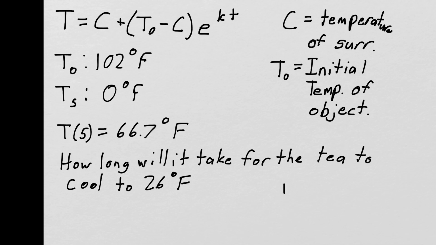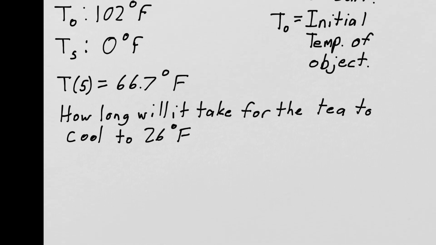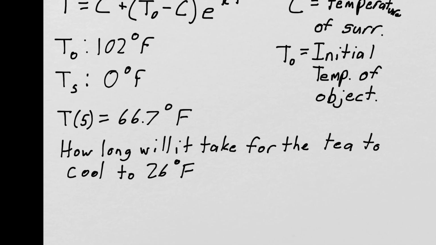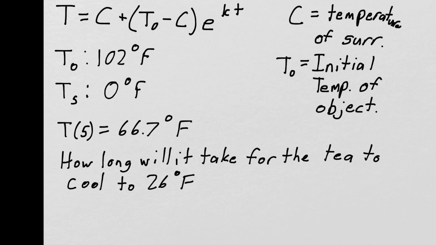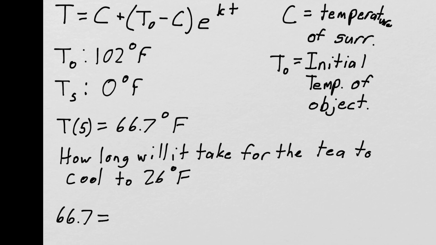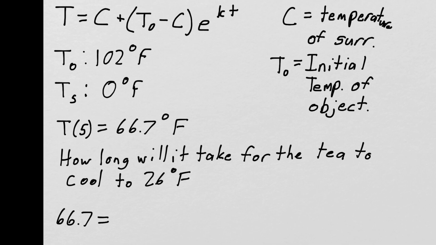So we've got a couple of things we've got to deal with here. The first one being, we're given that initial temperature of the surroundings, then the temperature 5 minutes later. So we're going to plug all of those in order to figure out what k is, which is just a constant. So we get 66.7 is equal to the temperature of the surroundings, which I called TS here.